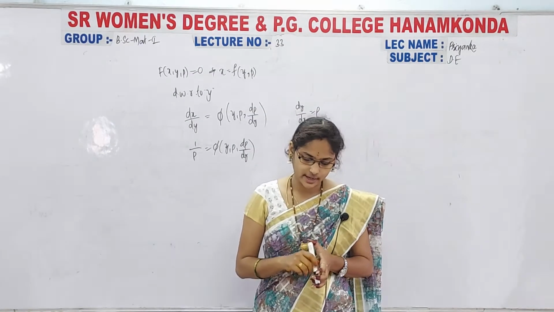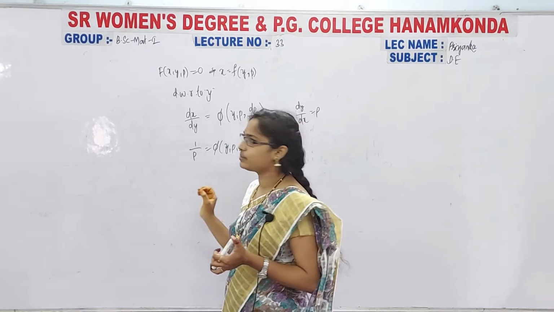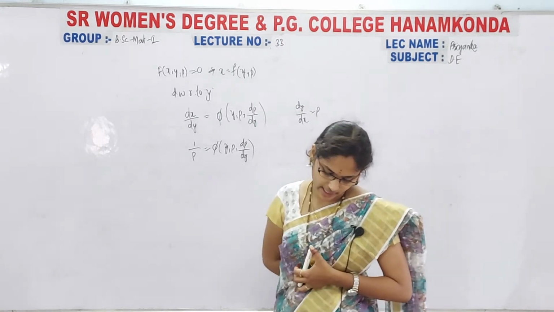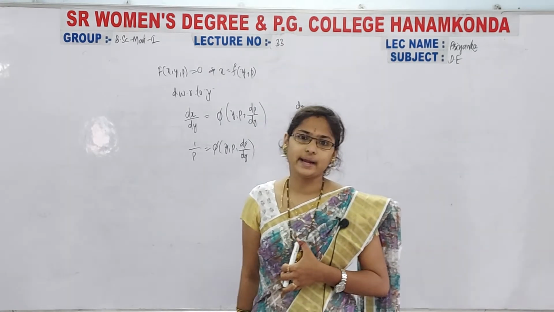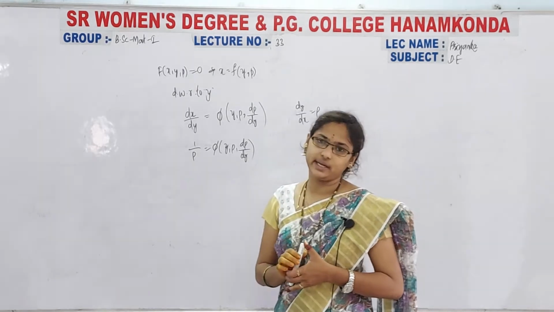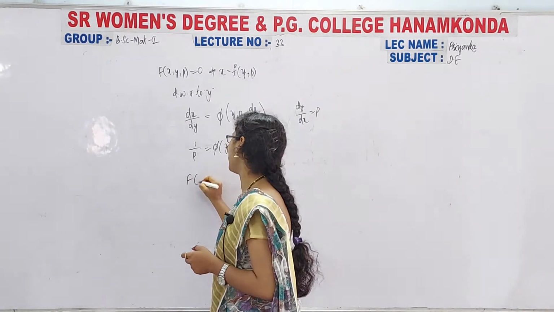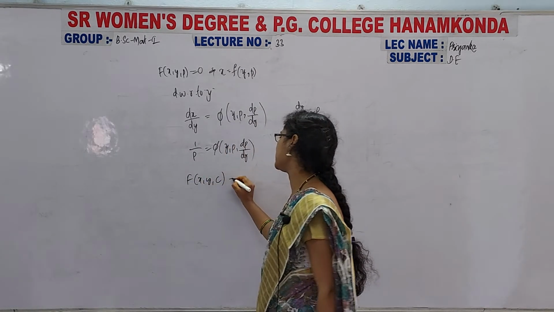Now in the next line write: from which a relation between p and y may be obtained, then f of x comma y comma c is equal to 0.